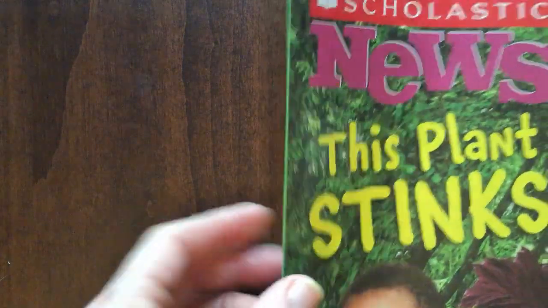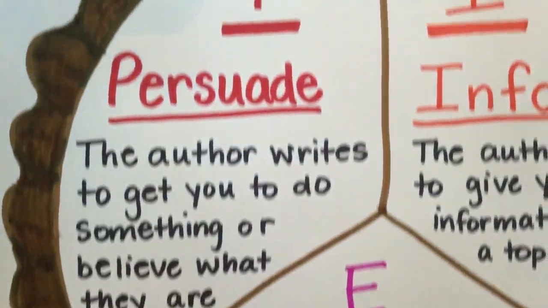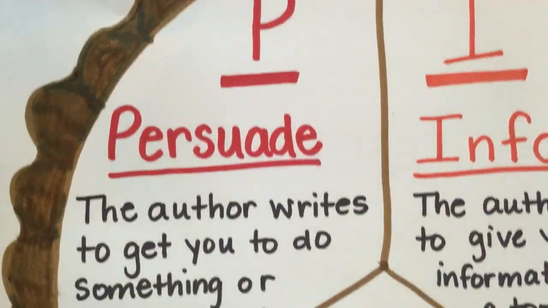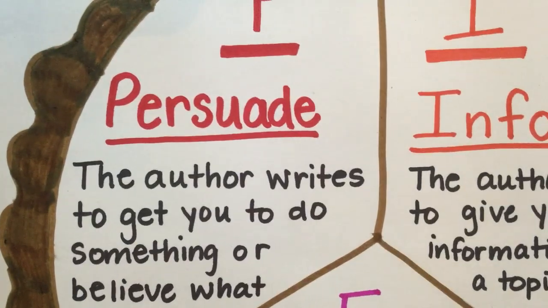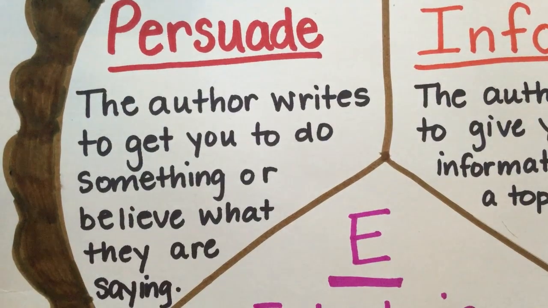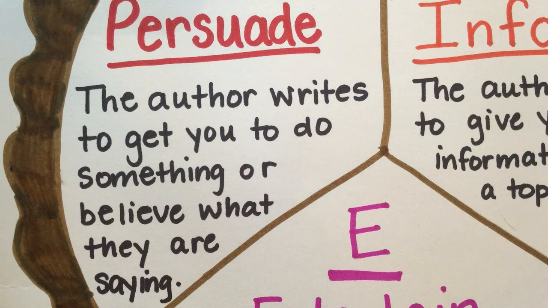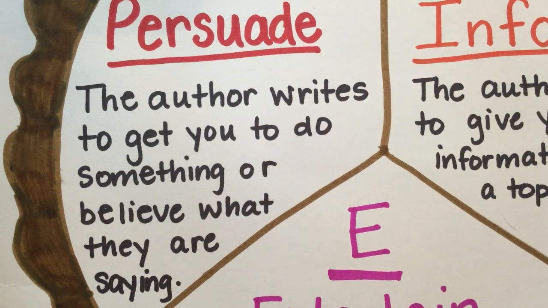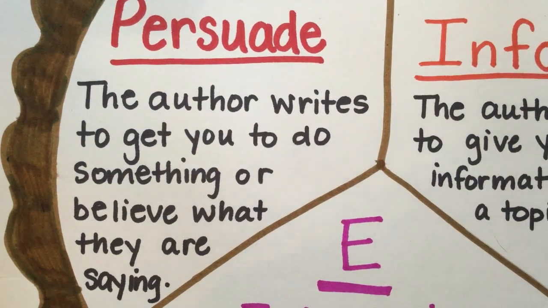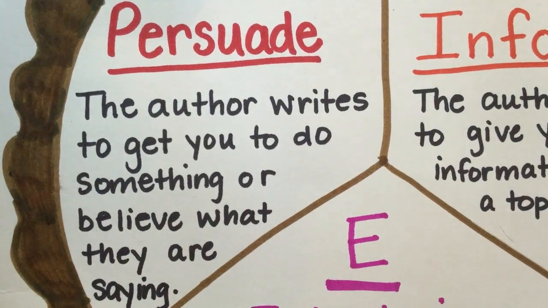Alrighty, so that is for your reading assignment today. And then yesterday, when we did Officer Buckle, I asked you a question before we read, and I forgot to go back and answer it again. Remember, we had the pie for author's purpose. And pie, sorry about that, guys.